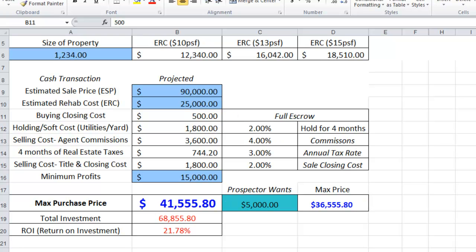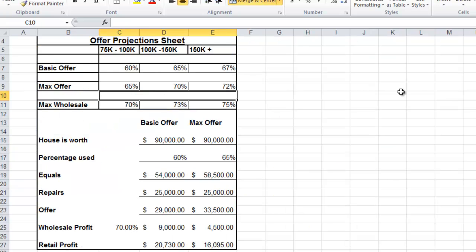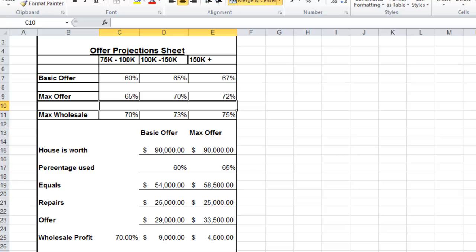So now we'll open up the blank offer worksheet. The blank offer is a sheet that I use to run my business. Up at the top you have a section where the prices are broken down. If you have a house that's 50 to 100K, your basic offer would be 60%. Your max offer that you really want to go up to is about 65%, because the most you're going to be able to wholesale this house for is 70%.